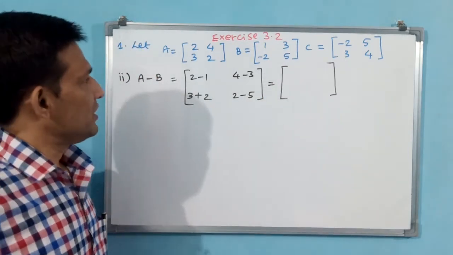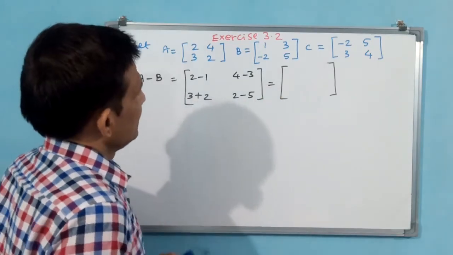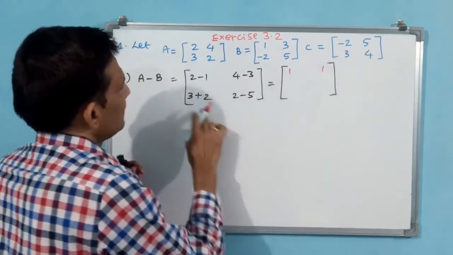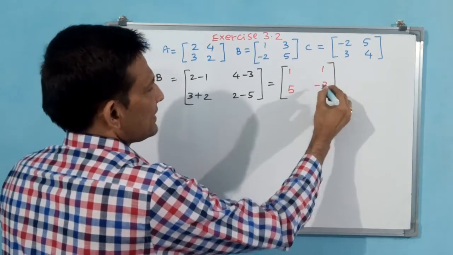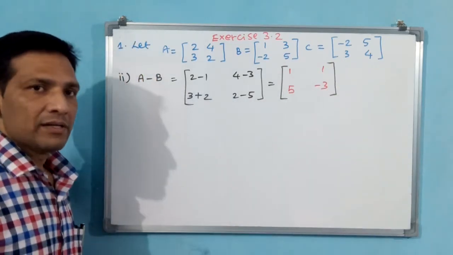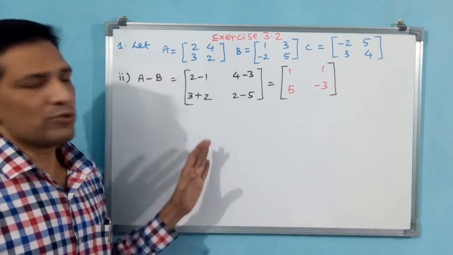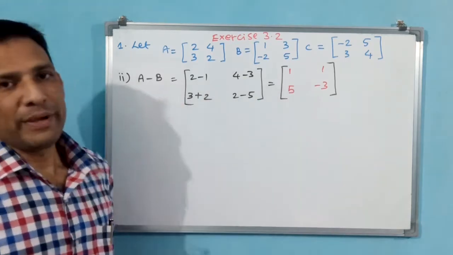Now see, 2 minus 1 is 1, 4 minus 3 is 1, 3 plus 2 is 5, 2 minus 5 is minus 3. Is it okay? Like this you have to perform. Patience you should have, or else you are going to make mistakes. This is A minus B.